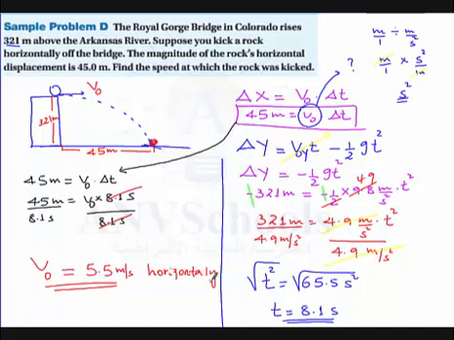So the initial speed with which this rock was kicked is 5.5 meters per second horizontally, along the positive x-axis. But at the instant it falls down, this speed will be decomposed. It will have two components, an x component and a y component. So that's all we have.